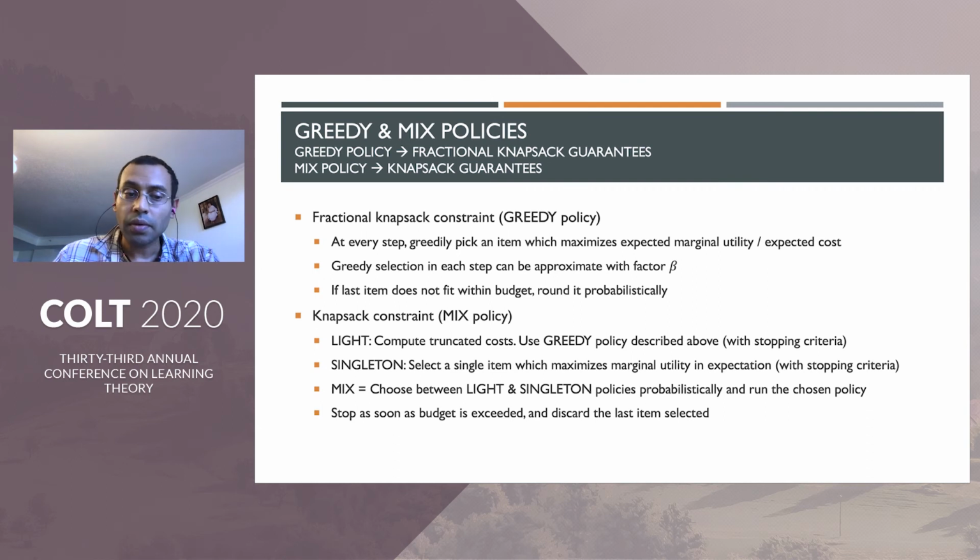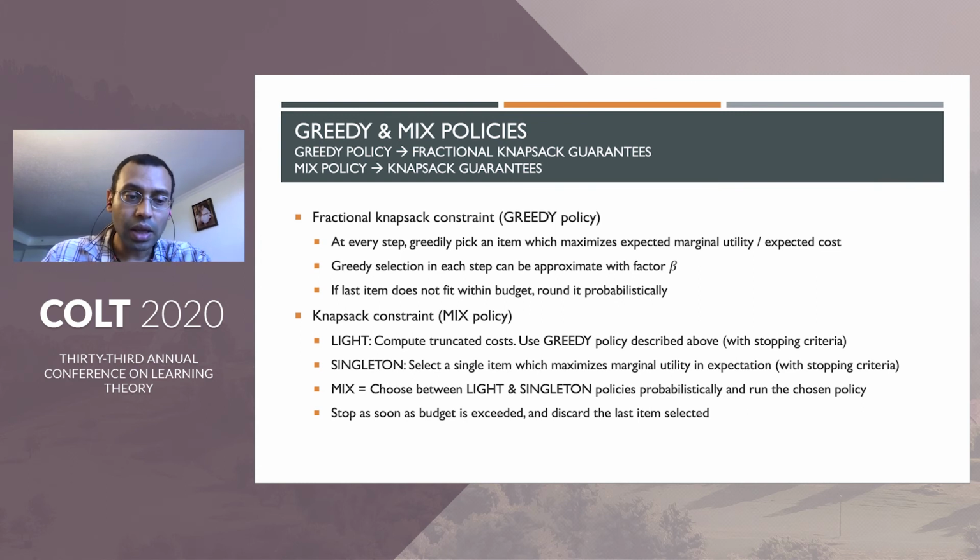So what about the stochastic knapsack setting? Here we want to be within the budget with probability 1, so the randomized rounding is not going to work. Here we use a new policy called the mixed policy, and there are two components to this mixed policy. The first component is called light.